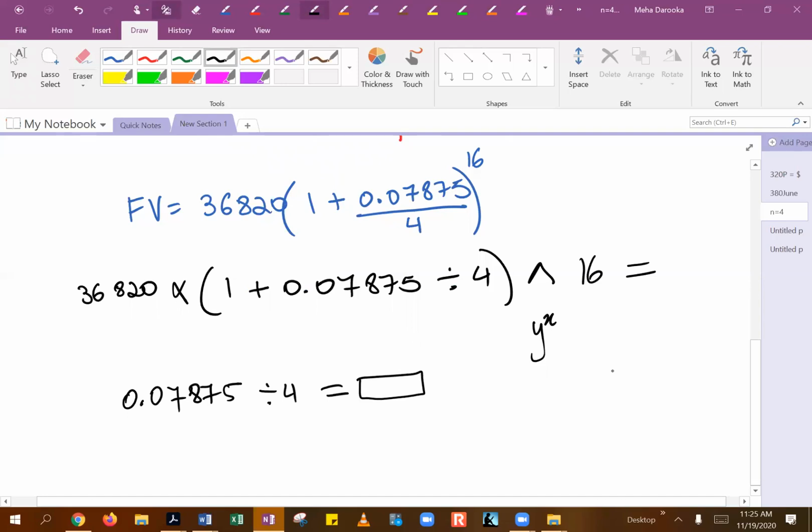Whatever answer you get over here, then you will add 1 to that, again hit enter. The new answer you get, then you would actually have to do the exponent first, because you're just following order of operations. So then you would raise it to 16, hit enter, and whatever answer you got after that, the final thing would be to multiply it into that 36,820, and then get your very final answer.